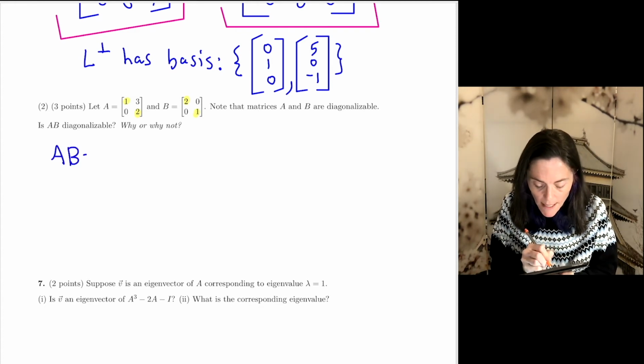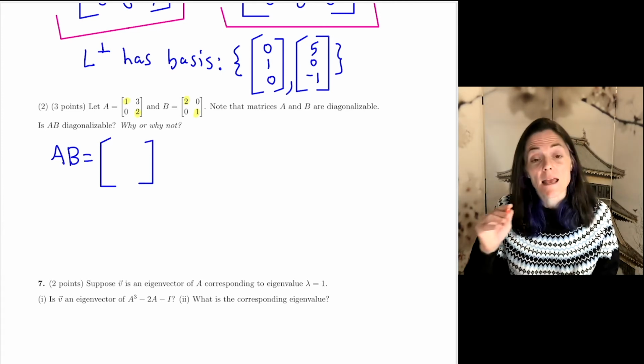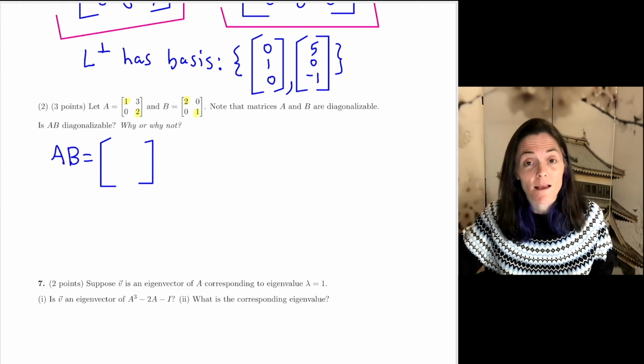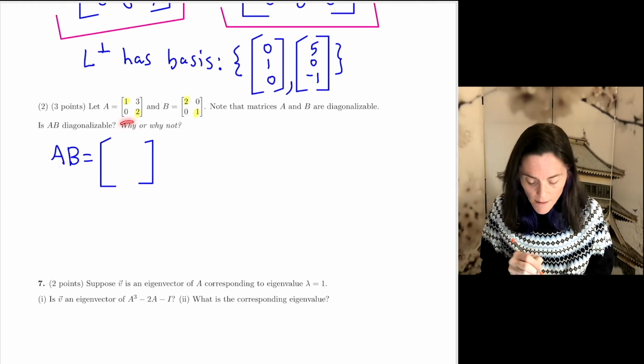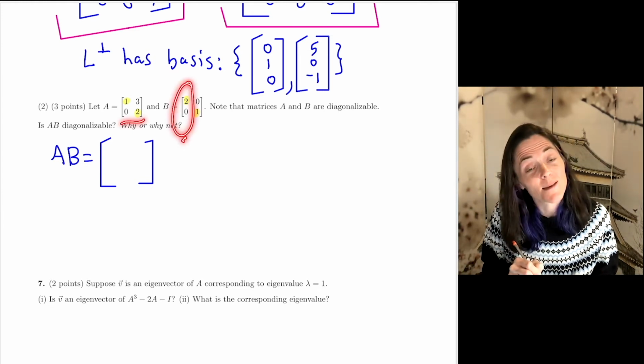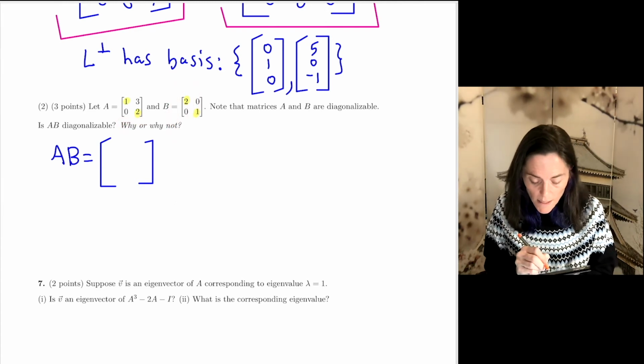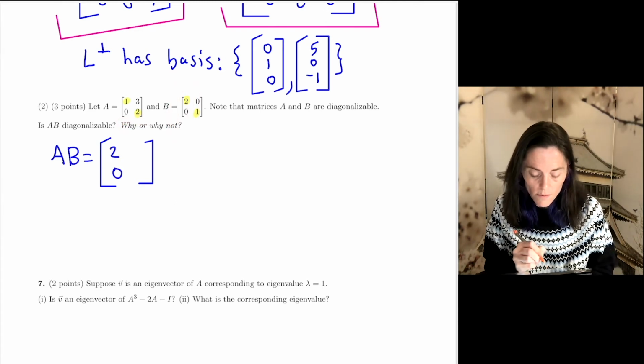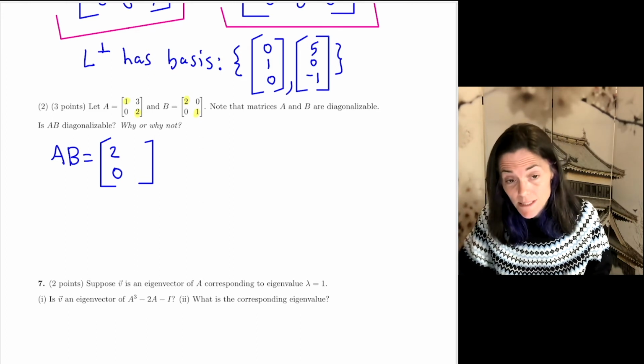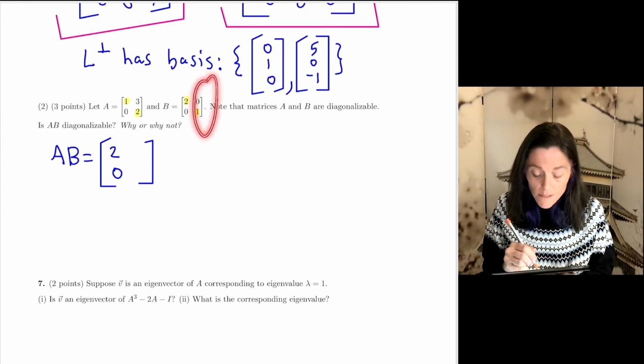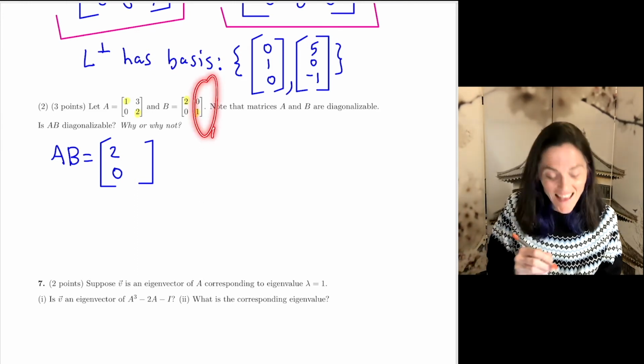Well, let's calculate AB. If we take matrix A times the first column of B, this is just 2 times the first column of A. And so we get 2, 0. Now matrix A times the second column of B, this is just 1 times the second column of A, which is 3, 2.